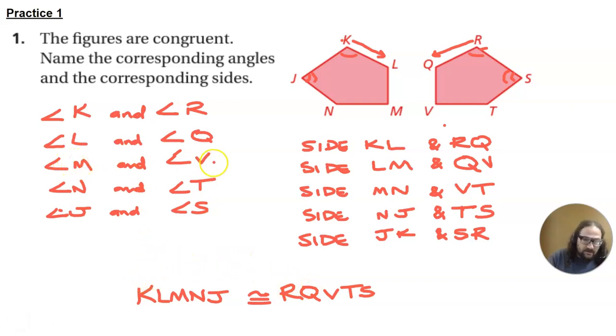So M corresponds to V, M and V are both in the very middle position when we name this. So the positions when we name the polygons, the corresponding letters are in the corresponding positions of the names.